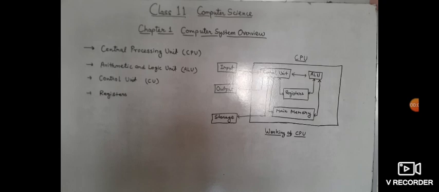Registers are small units of data holding place where the CPU stores data temporarily. Either these are input data or data that is processed, that is the output data.